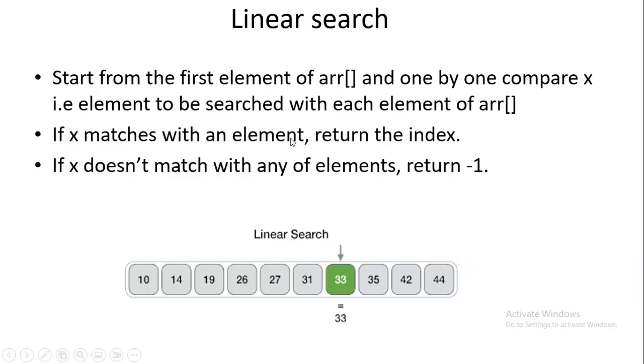So over here, if the element is found, it returns its index, and if the element is not found, then it returns -1. So this is how it works.